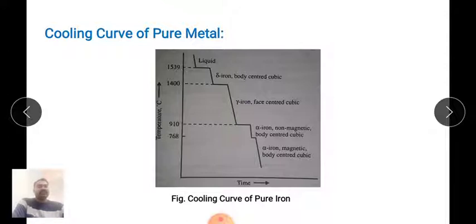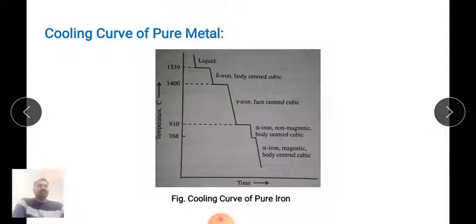But in case of the cooling curve, just by showing the line parallel to the x-axis and perpendicular to the y-axis, the cooling curve for a pure metal is explained here, and the temperature variation is the same as that of the iron carbon equilibrium diagram. So by just drawing such a diagram we can explain the cooling curve for pure metal. This is the last topic of the second unit, that is the iron carbon equilibrium diagram.